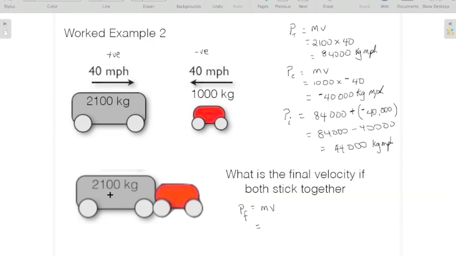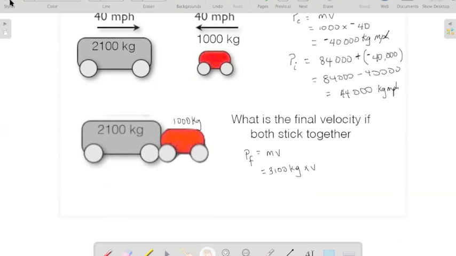So the mass would be the 2100 plus the 1000 kilograms. 2100 plus 1000 is 3100, right? So that's 3100 times some velocity that we're trying to find. We don't know what the velocity is.